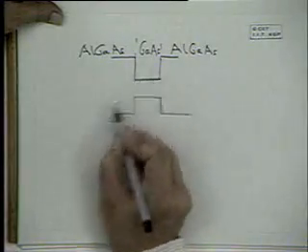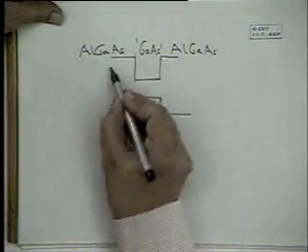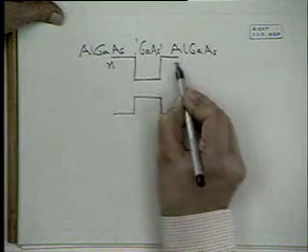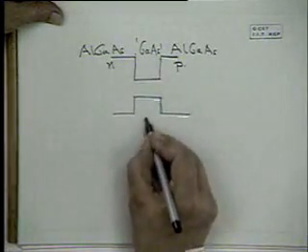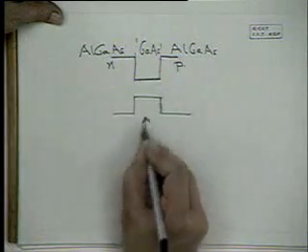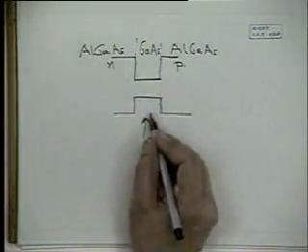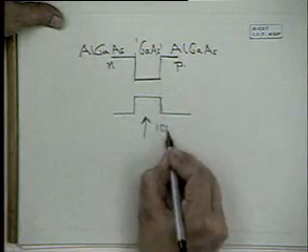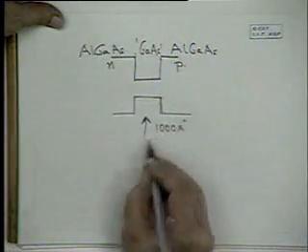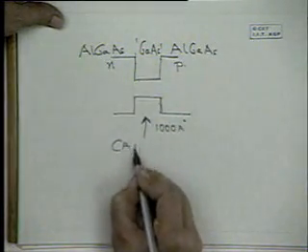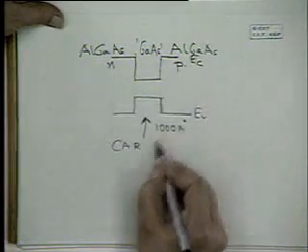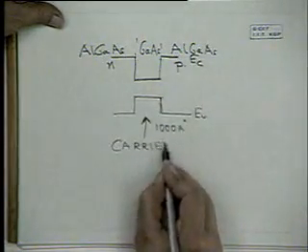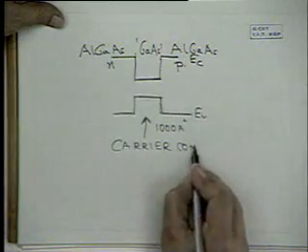This is a thin active region which is nominally undoped. This could be N, this could be P. In this region, which is relatively narrow, say maybe 1,000 angstroms or less, you have both carriers. This is EC, this is EV. You have a higher efficiency because you have carrier confinement.